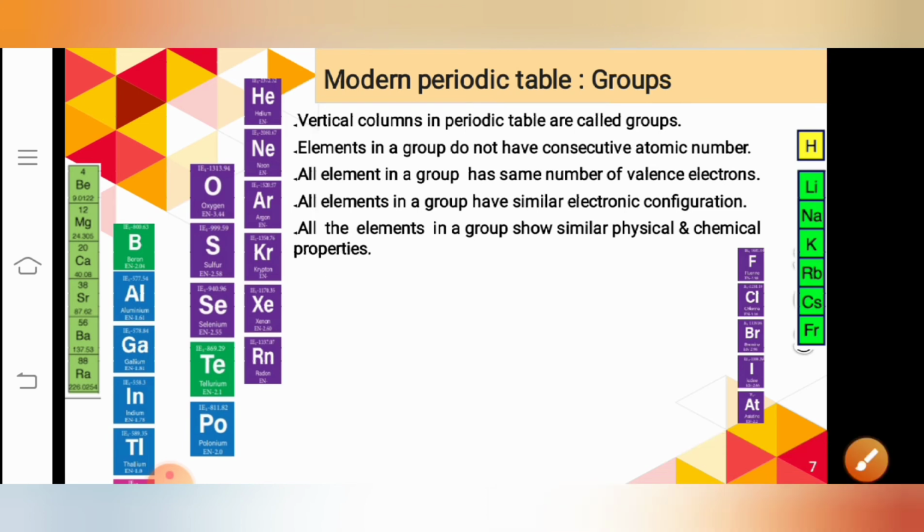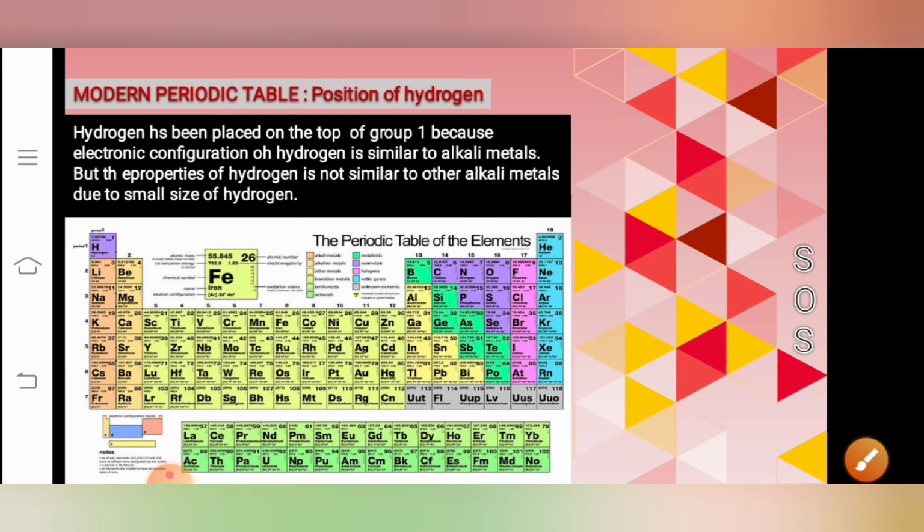Correct? Now, let us understand the position of hydrogen in the periodic table. Hydrogen is placed on the top of the group, that is, in the first place, because the electronic configuration of hydrogen is similar to that of alkali metals. I told you hydrogen can behave like both the alkali metals and the halogens, in my previous slide.